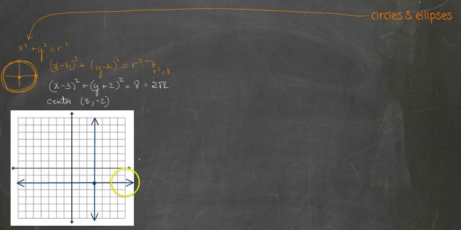So let's find the points at the far right and left and the points at the far bottom and top of my circle, and then I can sketch it in pretty easily. Well, since the center is at 3, negative 2, I know that all I have to do is start for the points on the x-axis, right? Because the radius is 2 root 2, and so no matter what, every point is going to be exactly that distance away from the center.